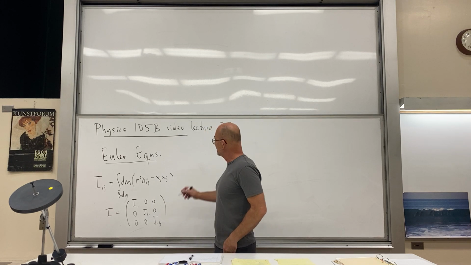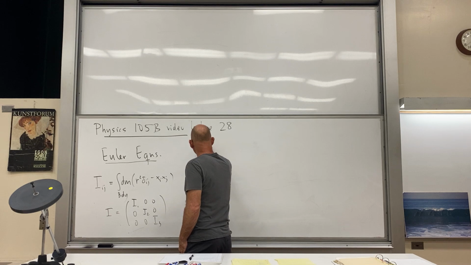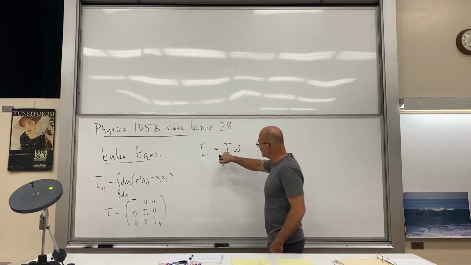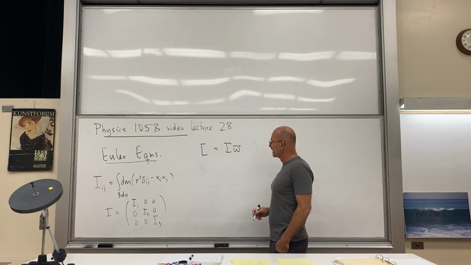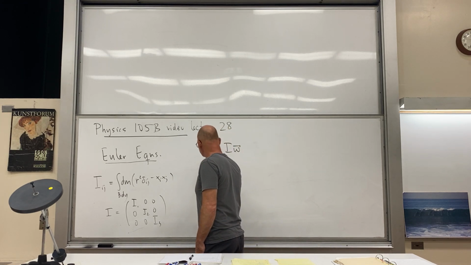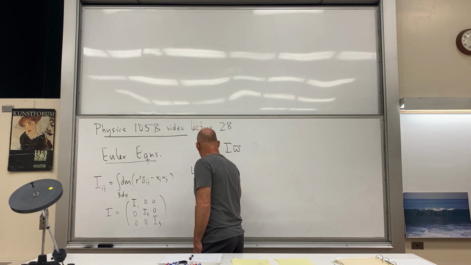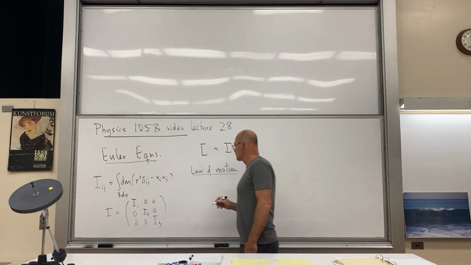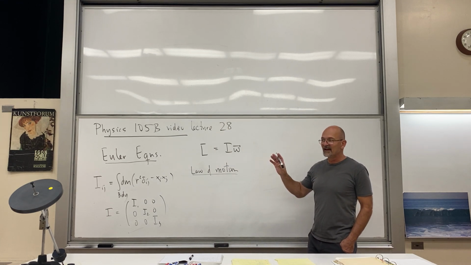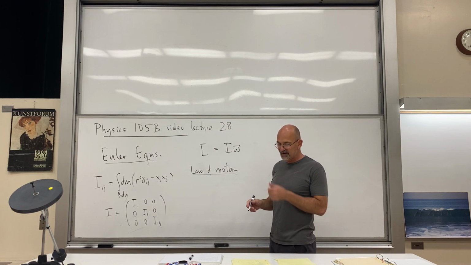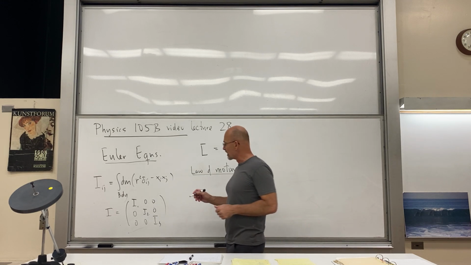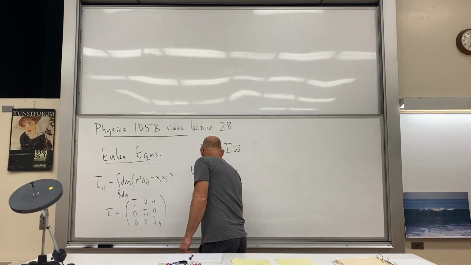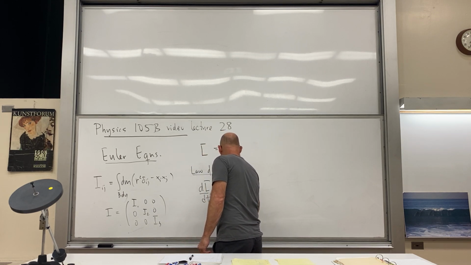So let's remind ourselves we have L equals I omega, and this of course is a matrix multiplication. And what do we have for our law of motion? Well, just for a multi-particle system, we had the following expression: dL/dt is equal to the torque.